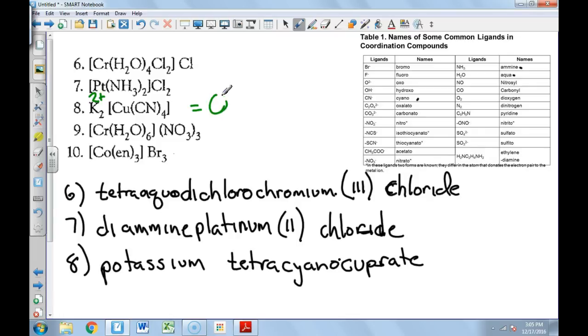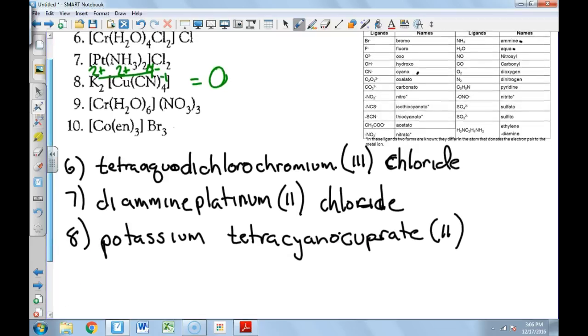Cyano is 1-, so that means the total for the cyano is 4-. So how does 2+ and 4- equal 0? That means that copper has to be a 2+ as well. So this is potassium tetracyanocuprate(II).